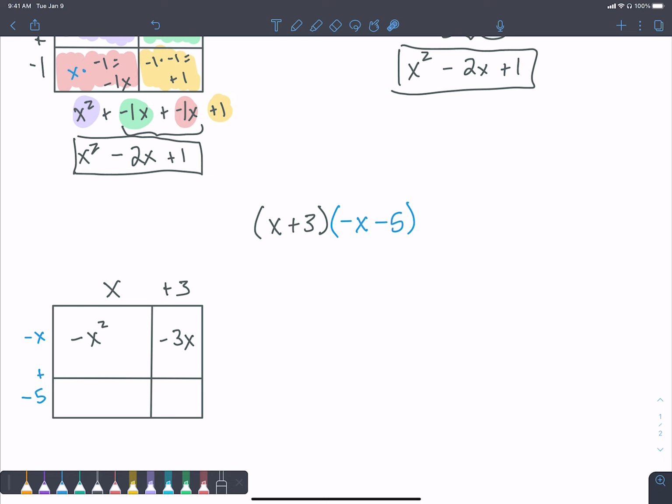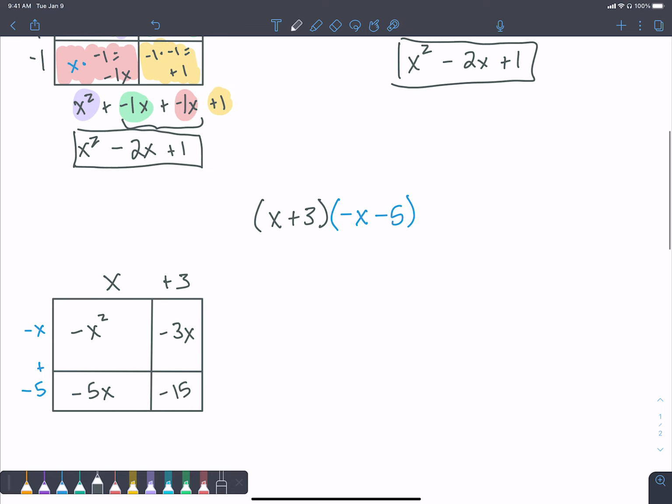I'm going to take x times a negative 5. So just like this one, a positive times a negative is a negative. So I know I'm going to have a negative, and then 5 times x is just 5x. And then positive 3 times negative 5 is minus 15.